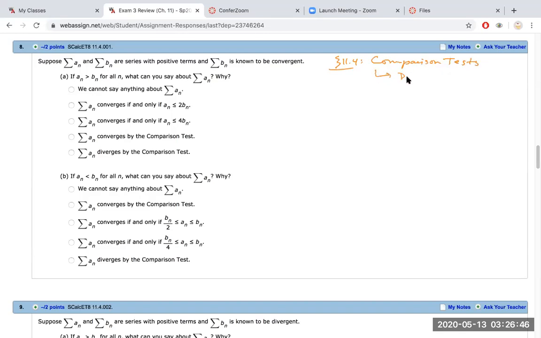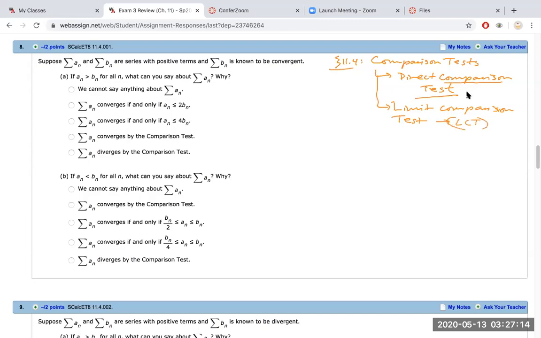There are 2 types. There's the direct comparison test, which is usually just referred to as the comparison test. And then there's also the limit comparison test, which is referred to as LCT.